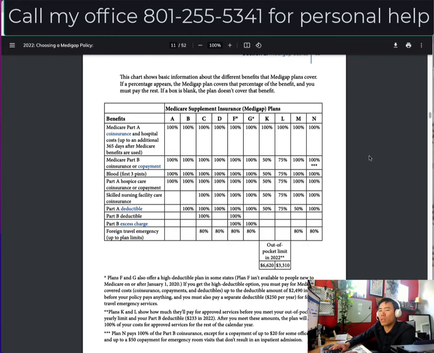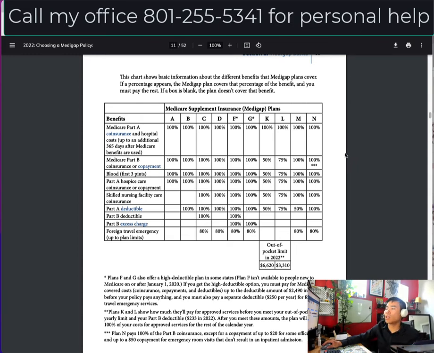But in today's day and age, you never or hardly ever see it. In my nearly decade of experience in this business, I think I've only seen it once that a doctor did not accept the assignment and the member ended up having to pay the difference.